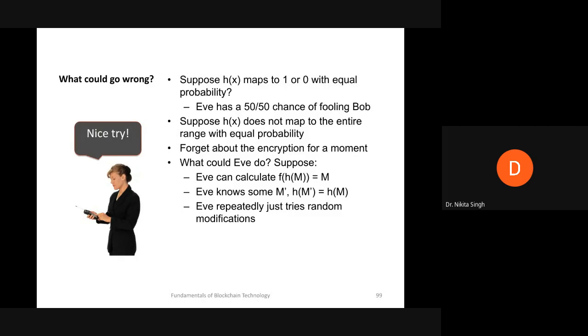Because the hash can either map to 0 or it can map to 1. But suppose this hash of the message X does not map to the entire range with equal probability.